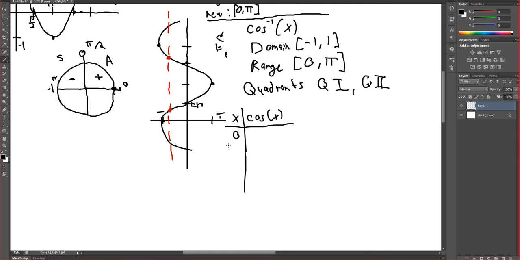I started at 0, I'm using pi's over 4, then I had pi over 2, then 3 pi over 4, then pi. So I had 1, root 2 over 2. So the pi's over 4 always have that root 2 over 2. Pi over 2 was 0. This is negative root 2 over 2, since it's negative for cosine. And then this was negative 1.